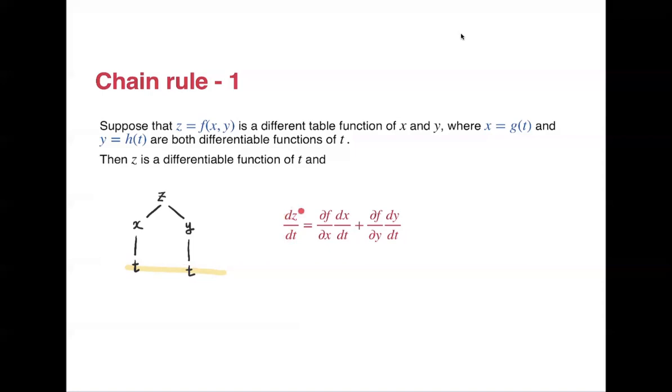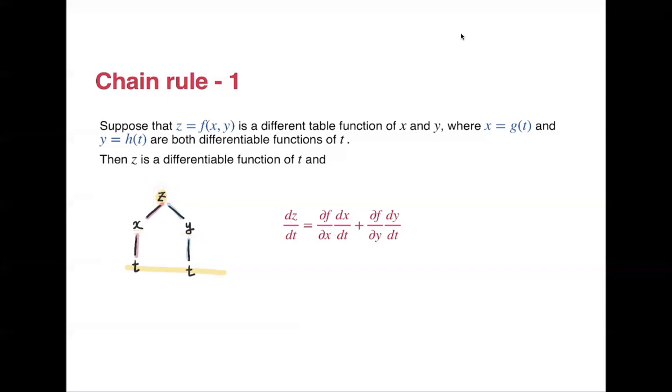So to obtain dz/dt, you need to focus on z and t and find the routes joining z and t. There is one route, and the other route is like this. Z is a function of two variables, so we can think about the partial derivative.